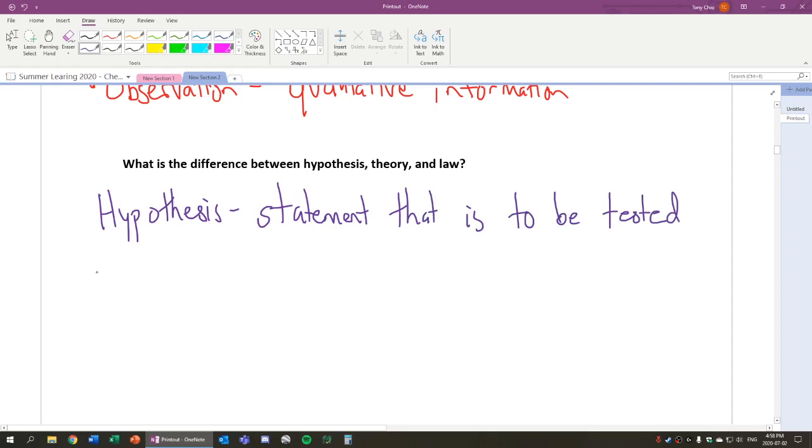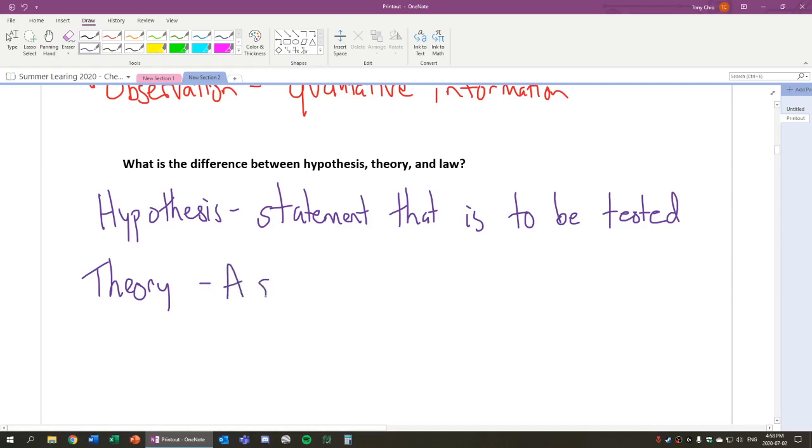Compare that to a theory. You might have heard a lot of different types of theories: the theory of evolution, theory of gravity, theory of relativity, right? Those are all theories. A lot of people think theories aren't true, but that's not correct. A theory is, in a sense, tested. It comes from observation.